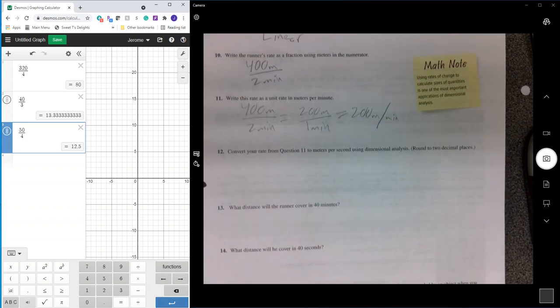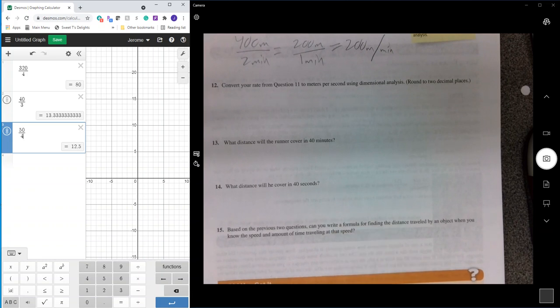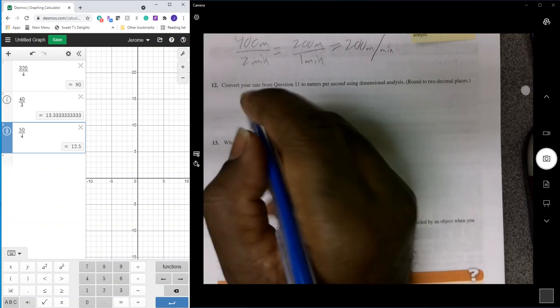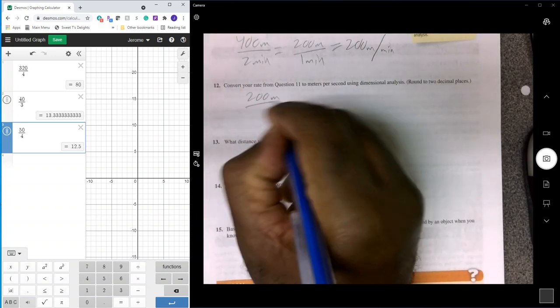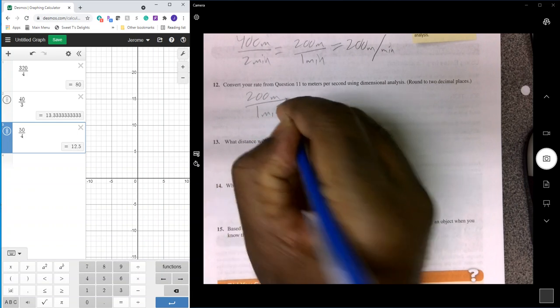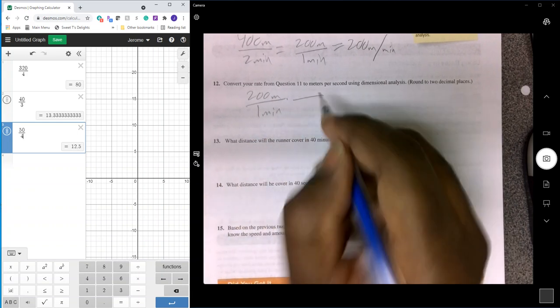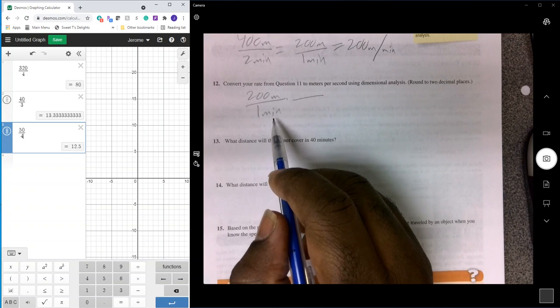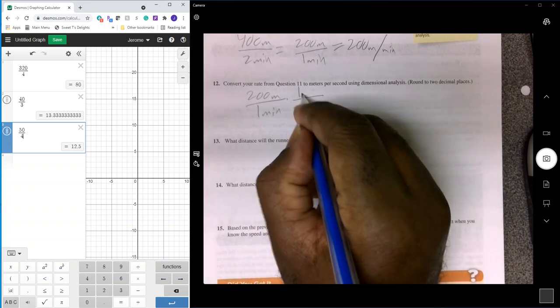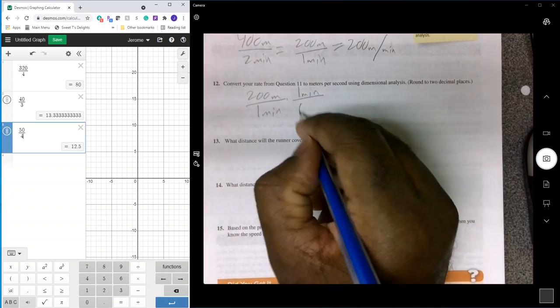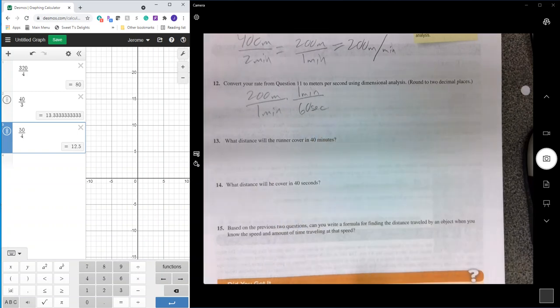Okay, number 12. It says convert your rate from question 11 to meters per second using dimensional analysis. So we already have meters per minute, but we want to change this to meters per second. So we will have to change these minutes to seconds. So we have 1 minute over 60 seconds.